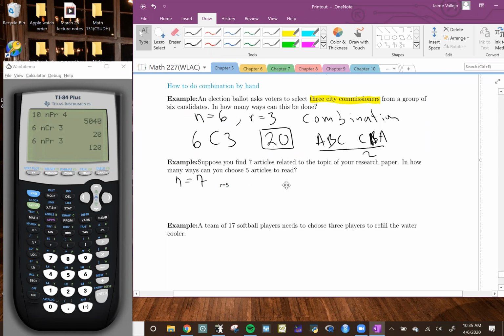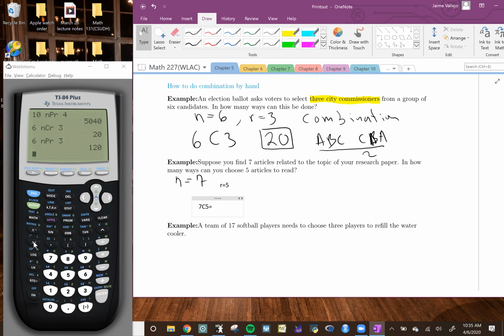For this one, does the order in which they choose the articles matter? No, because it doesn't matter which one they read first, second, third, fourth, or fifth. So for this one, we're going to say 7 C 5.